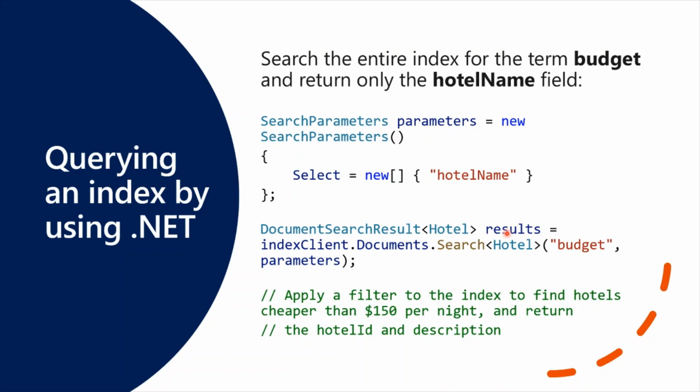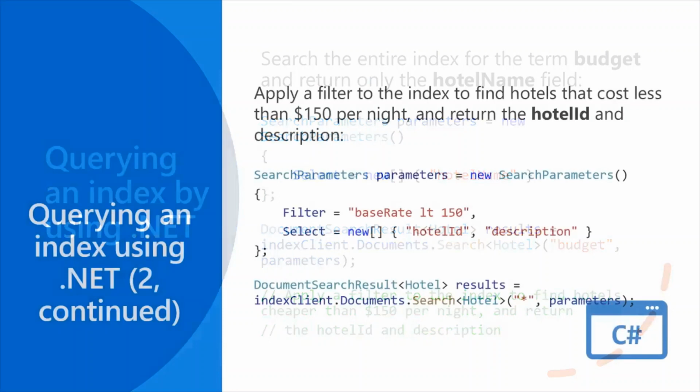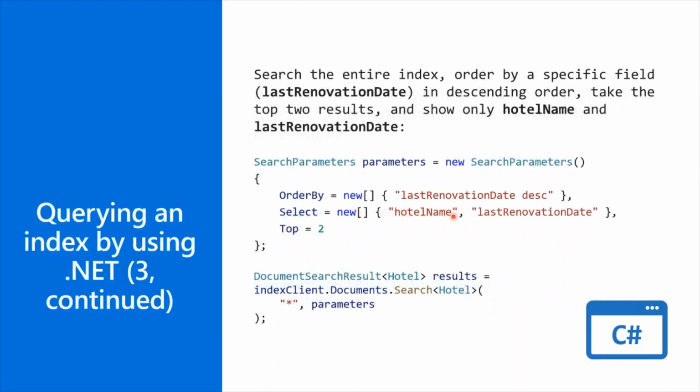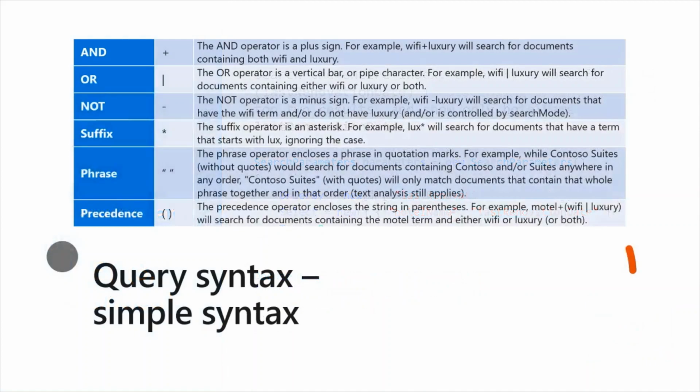So you see we are just applying filters and then getting the queried result. Querying an index using .NET. After the filter, you can also have a filter on base rate, less than 150. So these are the specific things you specified in your index, really specific to your data type.